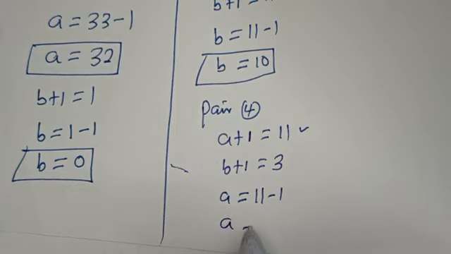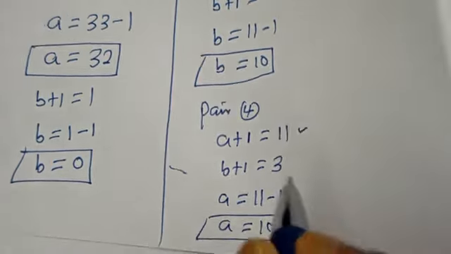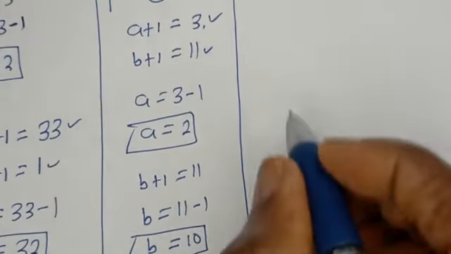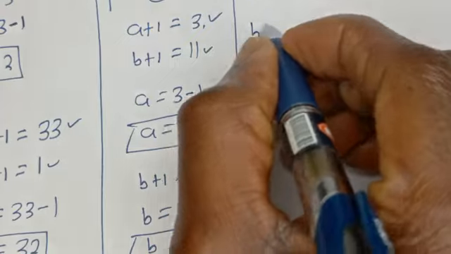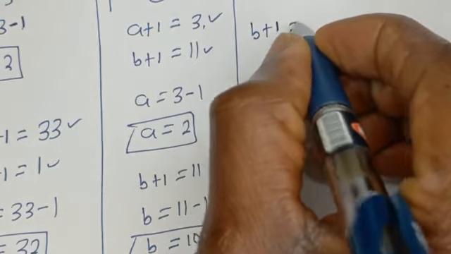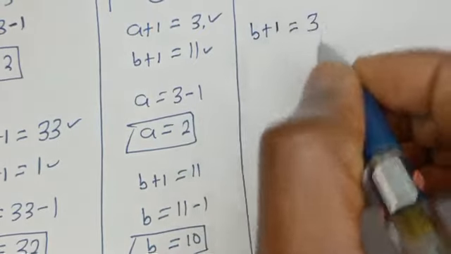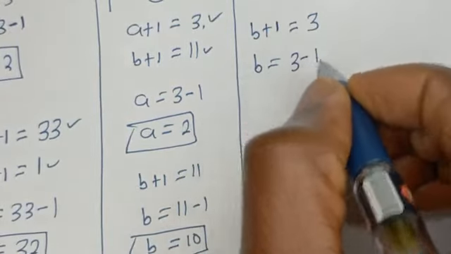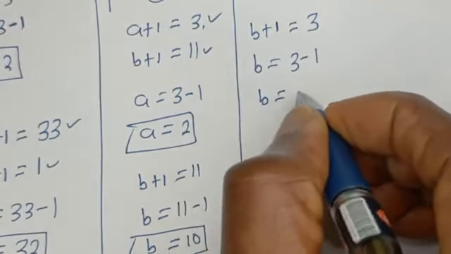Then a is equal to 10. Also from here, b plus 1 is equal to 3. b is equal to 3 minus 1. b is equal to 2.